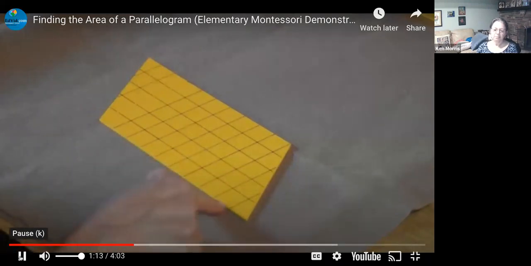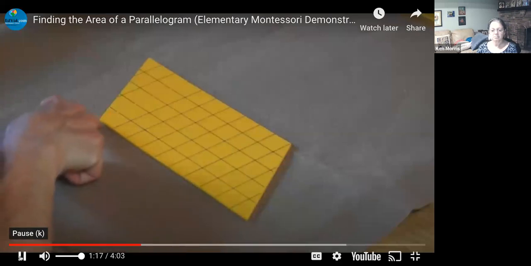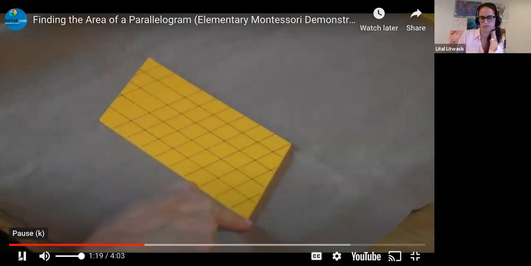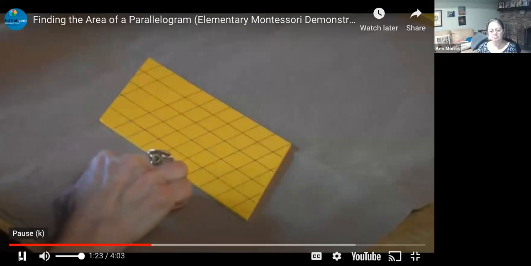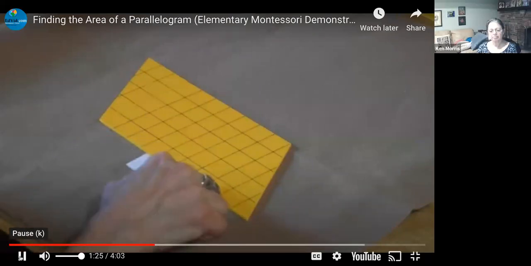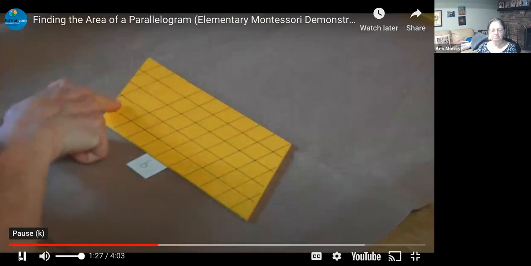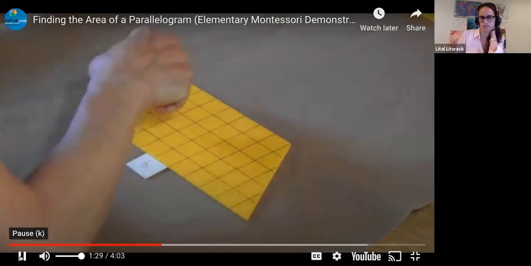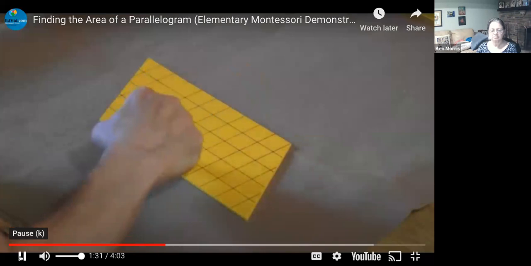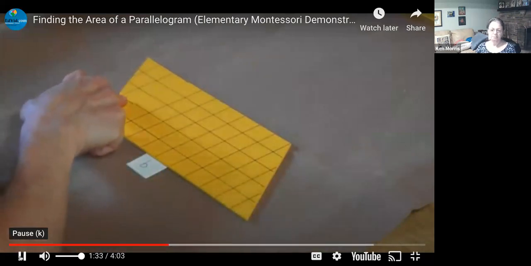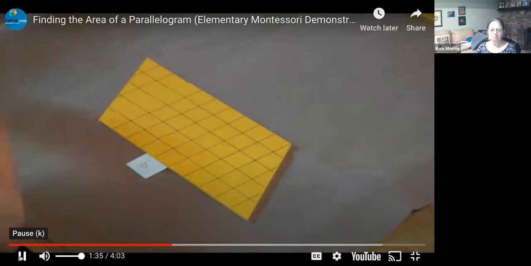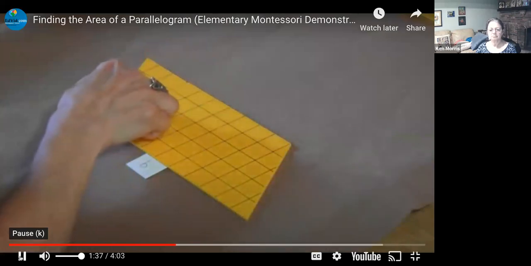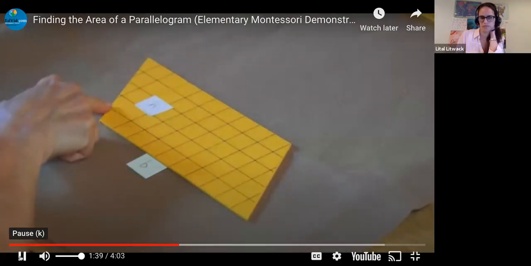So first of all, let's look at the lines on the parallelogram that we can identify. This is the base of the parallelogram, and I'm going to label it B for base. And the height of the parallelogram is any one of these vertical lines. So I'll put my label H for height right here.